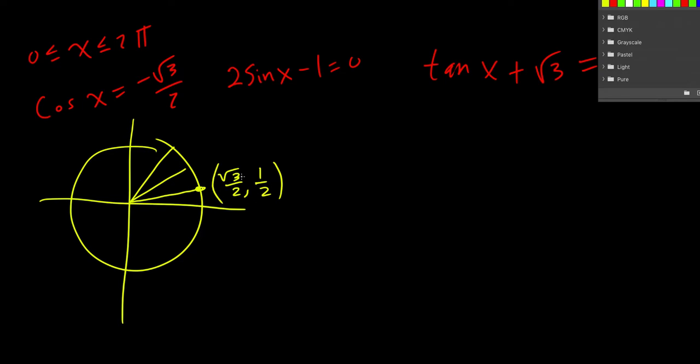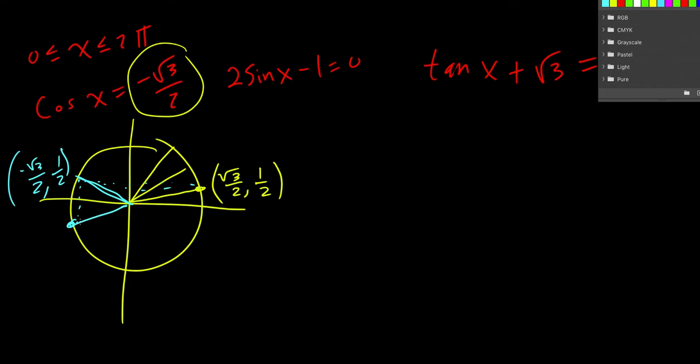Okay, so that's what we want, an x value that's kind of like this, right? Now if we reflect that across, we get something like that. This is negative square root of 3 halves, 1/2. And then if we reflect it across here, we're going to have that same x value. So negative square root of 3 halves, negative 1/2.